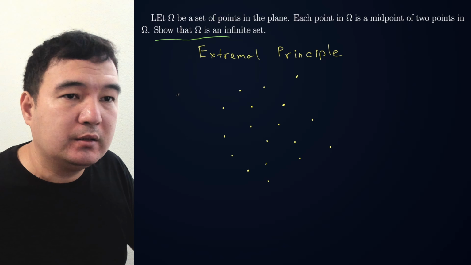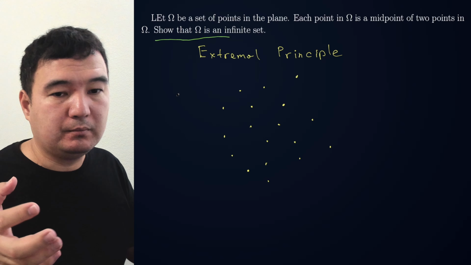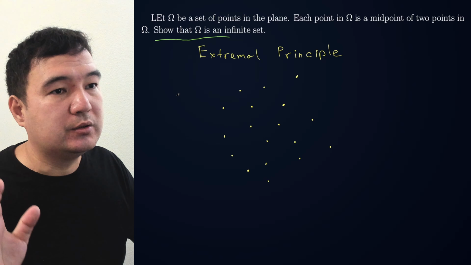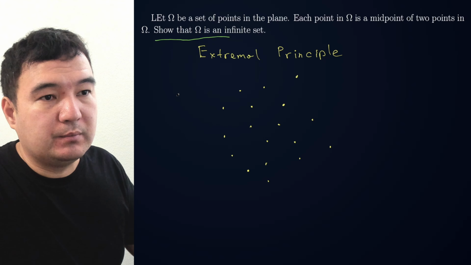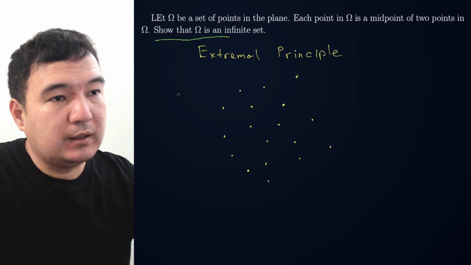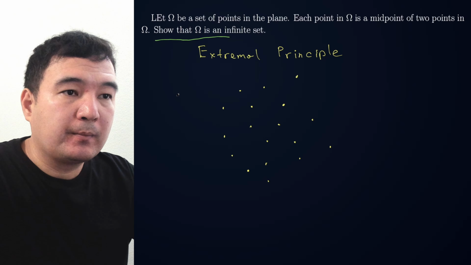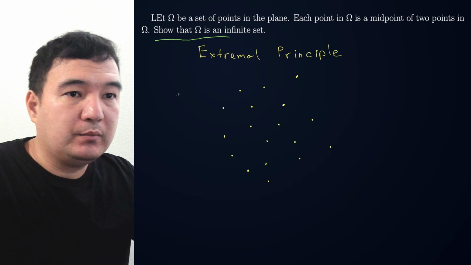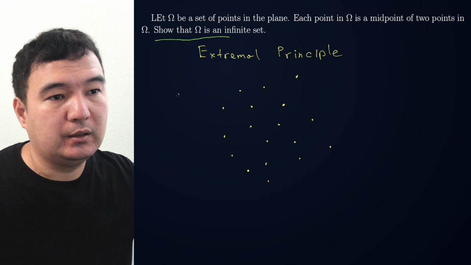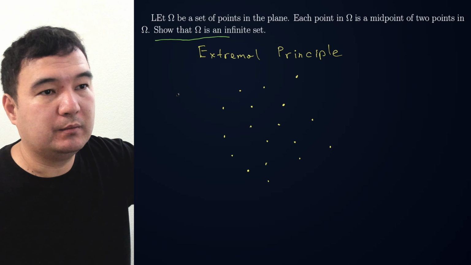To make a rigorous proof, make it understandable, the idea of the extremal principle is choosing the rightmost or leftmost, so the top or bottom element.